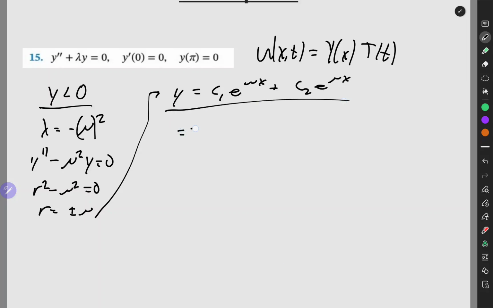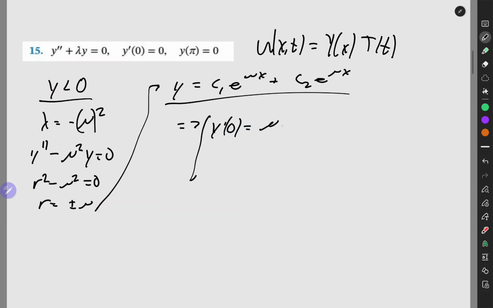General solution completed. Okay, y prime of 0 is mu c1 plus, sorry, this should be minus mu c2, because e to the 0 is 1, equals 0.